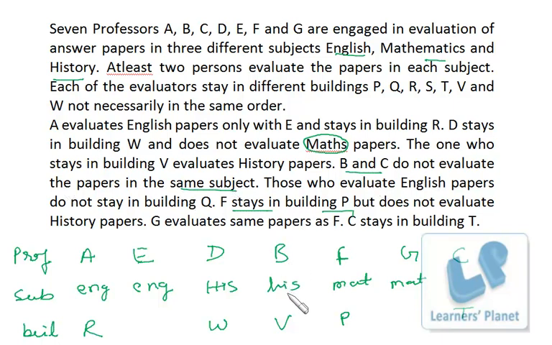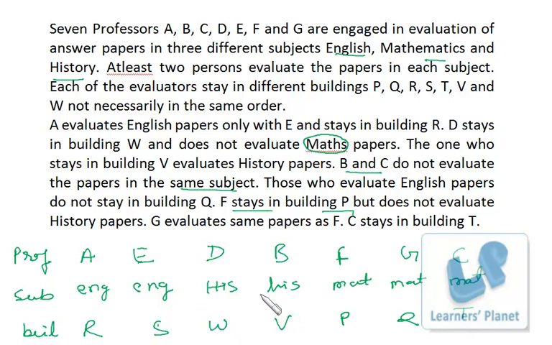So B, if he evaluates history, C will not evaluate history, and C will not even evaluate English, because in English only 2 persons are there. So C will also evaluate math. Now only 2 places for buildings are left, and those who evaluate English papers do not stay in building Q. So Q cannot be here, so Q will be over here. So P, Q, R, S, T, V and W.